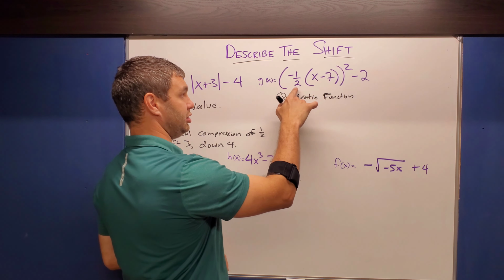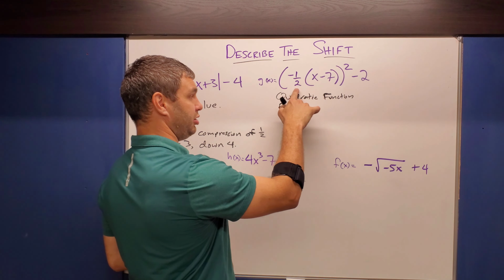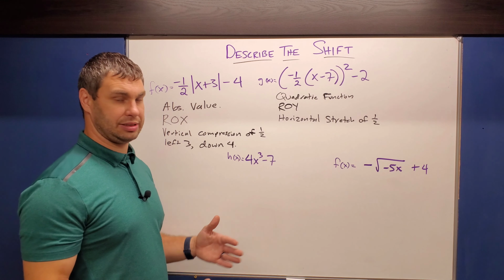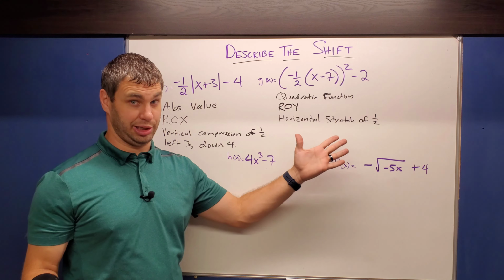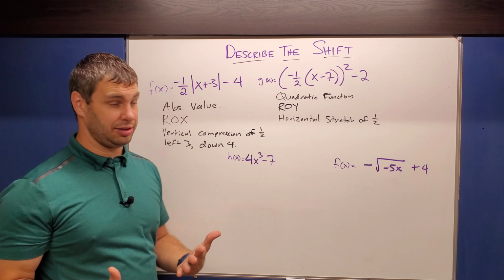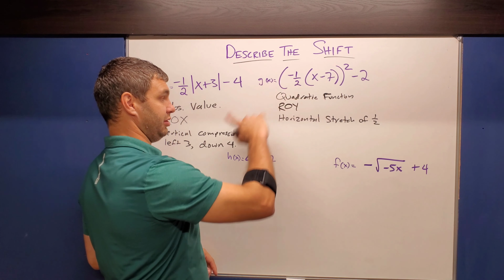So this is going to be stretching it horizontally, or I might say a horizontal stretch of 1/2. Okay, those ones I think are the hardest to remember what does what. So if it's vertical compression, vertical stretch, horizontal stretch, or horizontal compression, you might just have to get good at those and realize what it does after several repetitions of practice.